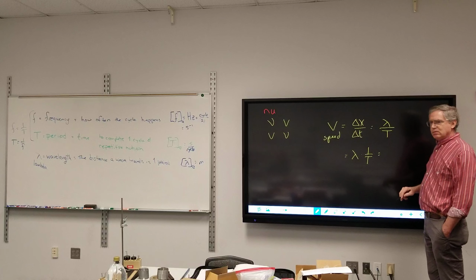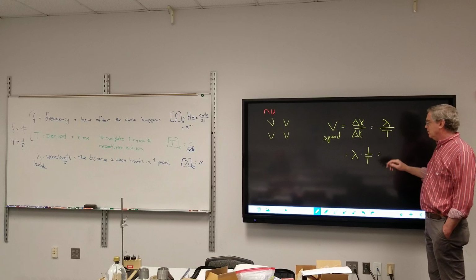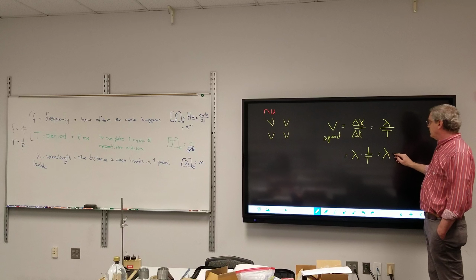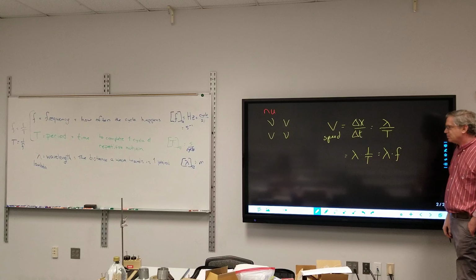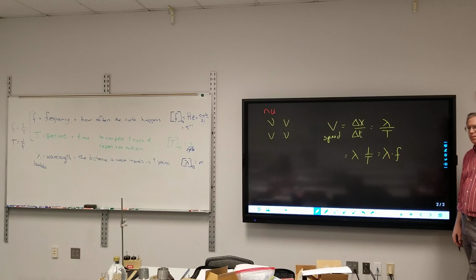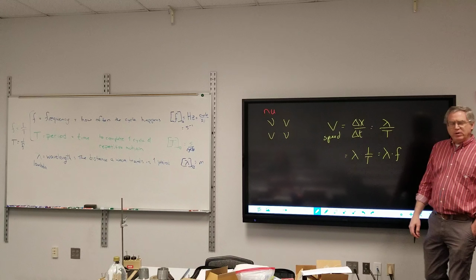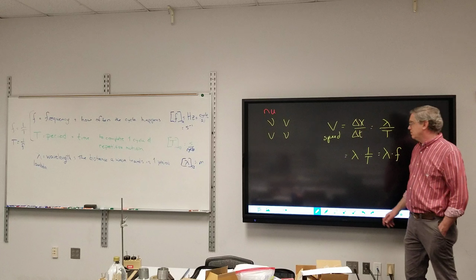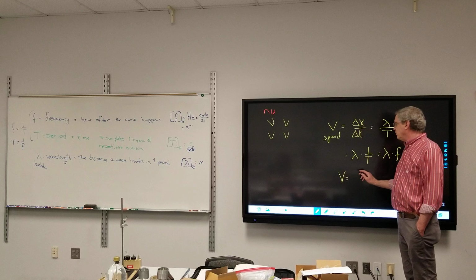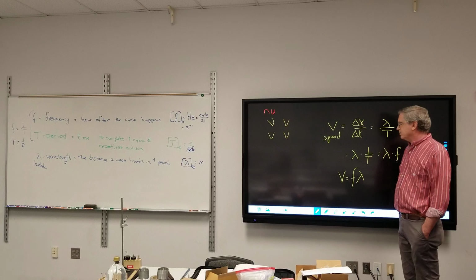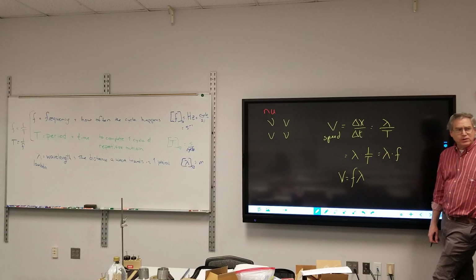What does nu represent again? We'll get back to it. Oh, okay. Which is the wavelength times the frequency. So a formula that we will use more than once is the fact that the speed is equal to the frequency times the wavelength. Or wavelength times frequency, depending upon your mood.